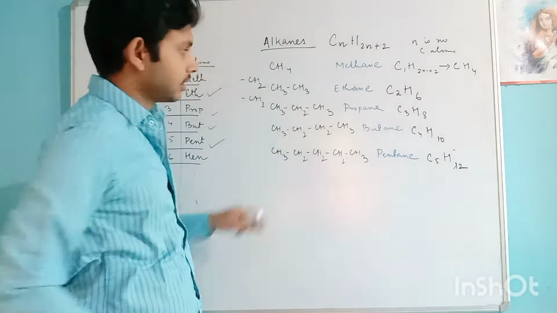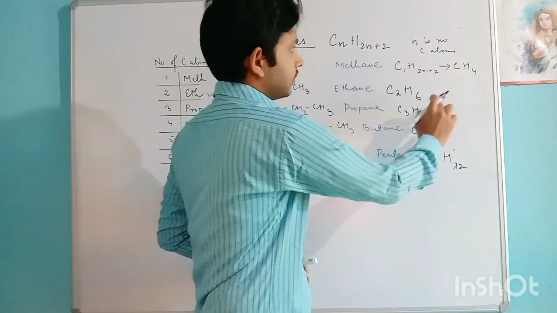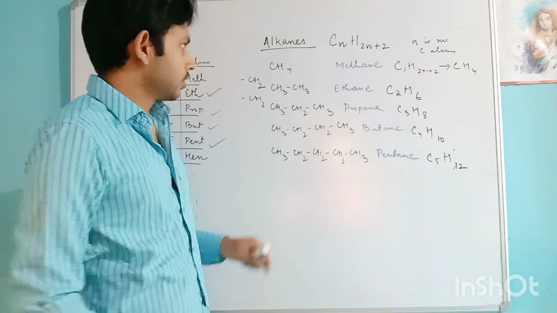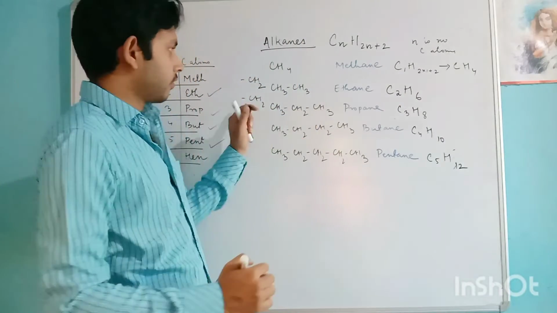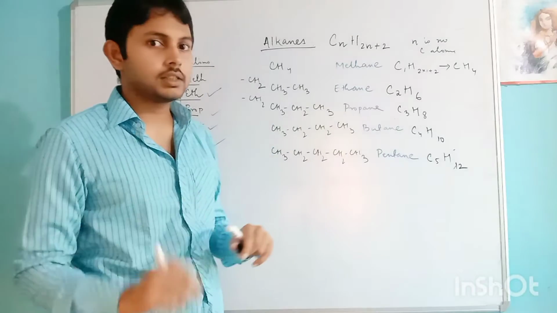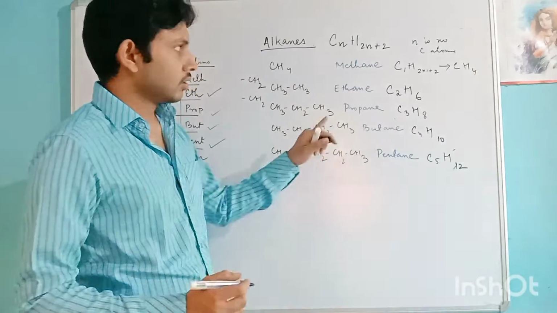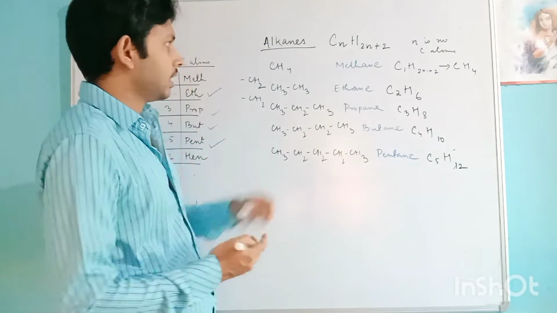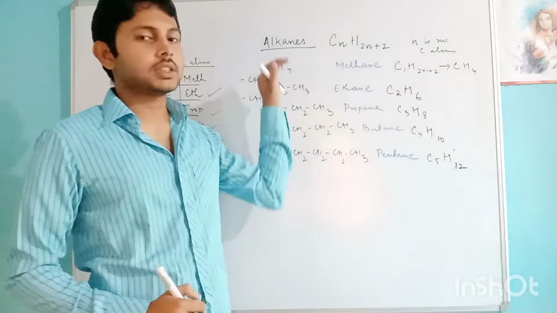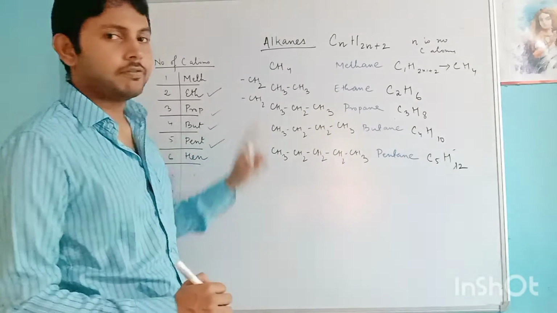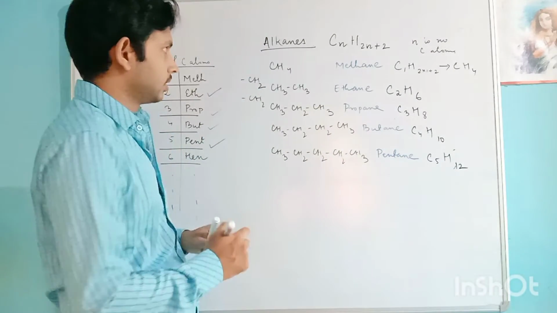Any two you take, you see there is a difference of CH2. So from this you can know what homologous series means. A homologous series means a series of organic compounds whose successive members differ by this CH2 group.